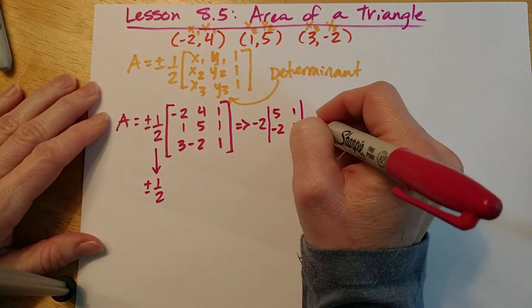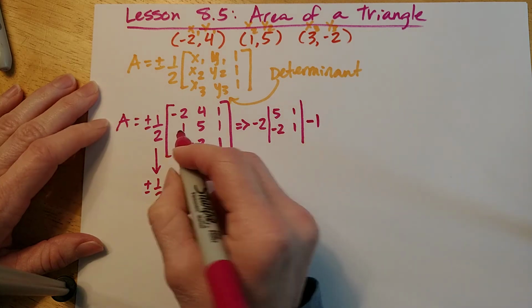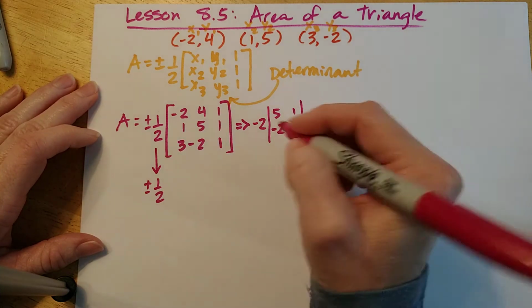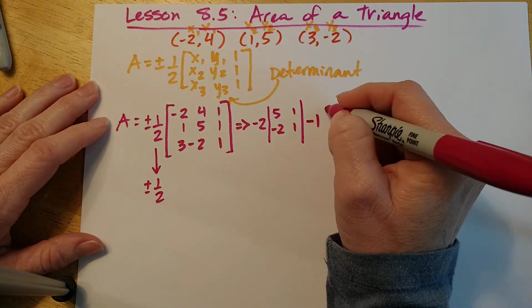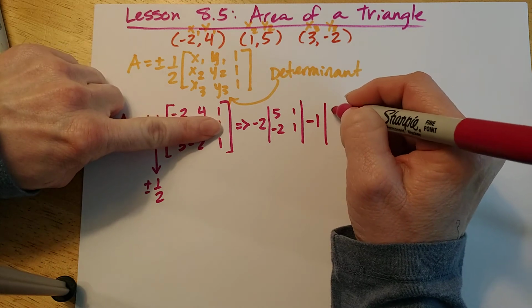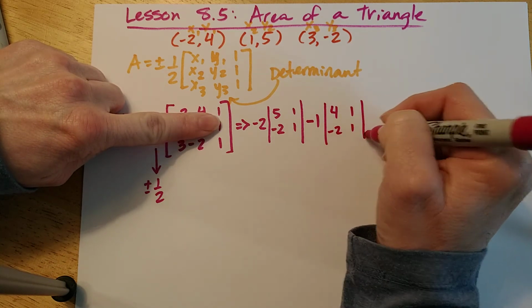And minus that second value there, the second row, first column. And then we've got to do this guy. So I'm going to cover this one up and do 4, 1, and -2, 1, like that.